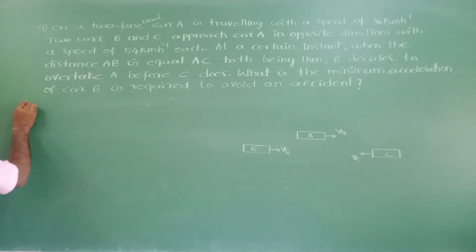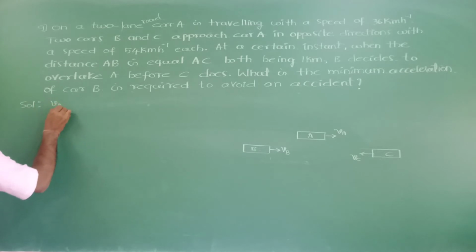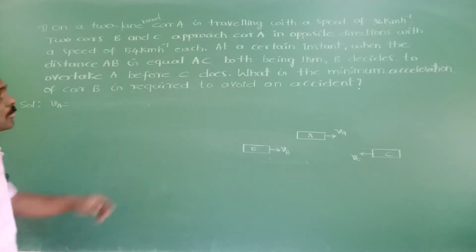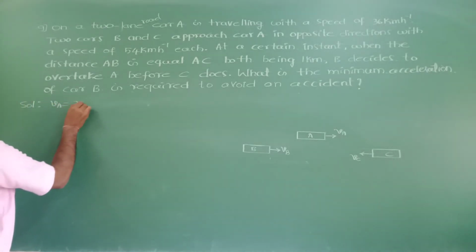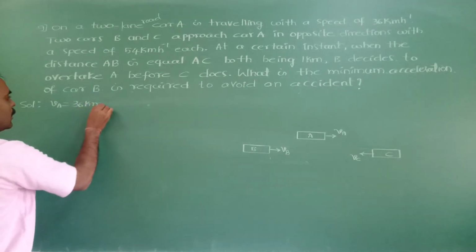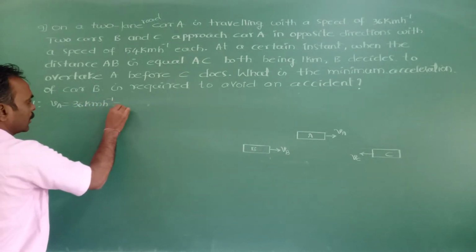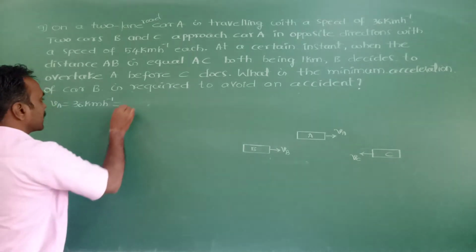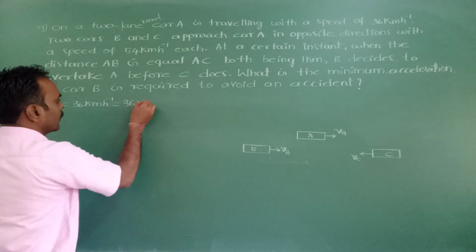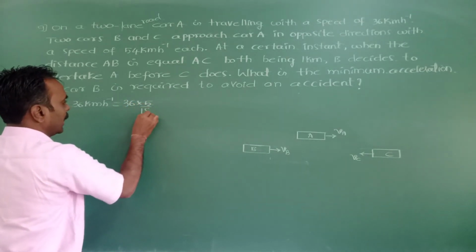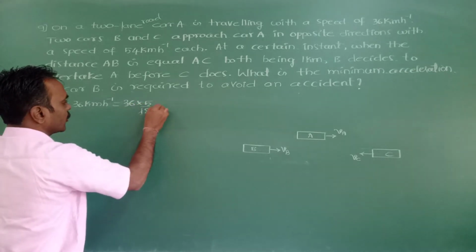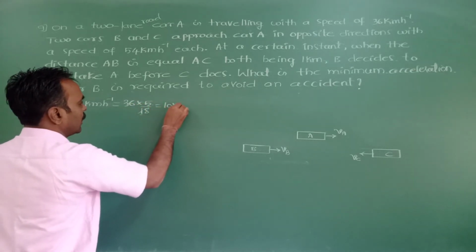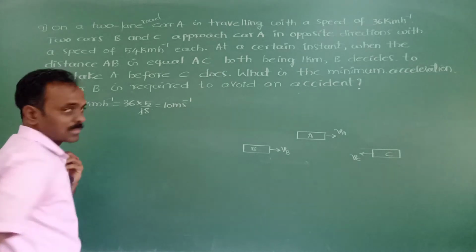So now the solution. Velocity of car A is equal to how much? 36 kilometer per hour. If we convert it into meter per second, 36 into 5 divided by 18. So the answer is 10 meter per second.